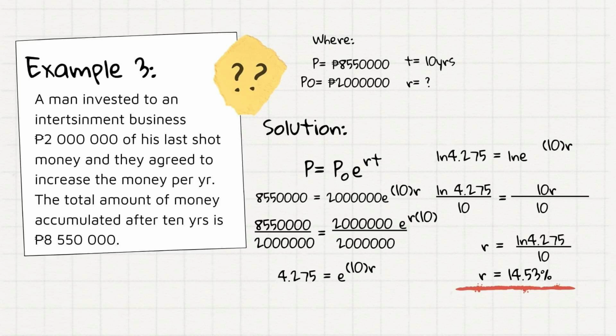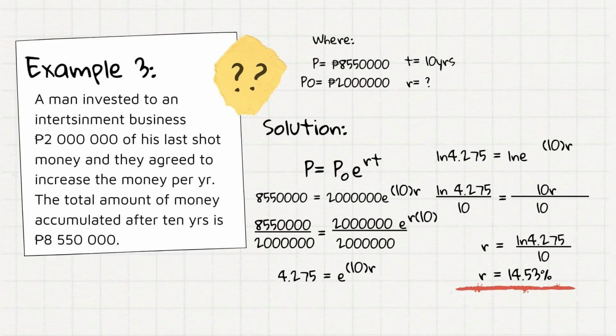So just substitute the values. P is equal to 8,550,000 pesos, P sub o is 2 million pesos, and e to the power of rate multiplied by time, where we substitute t by 10.